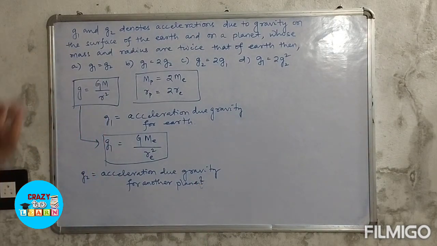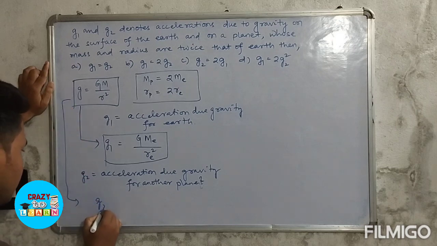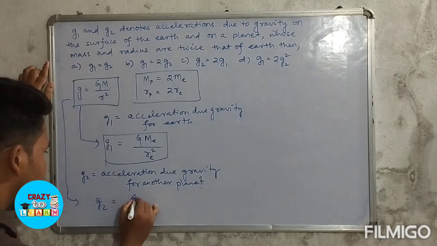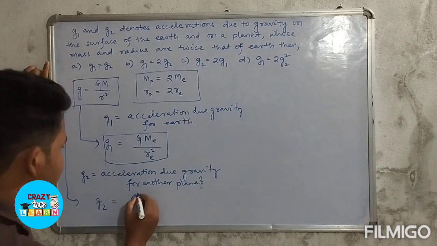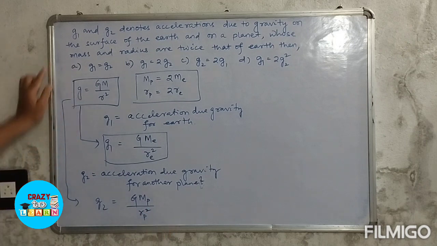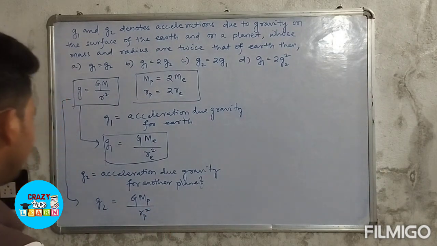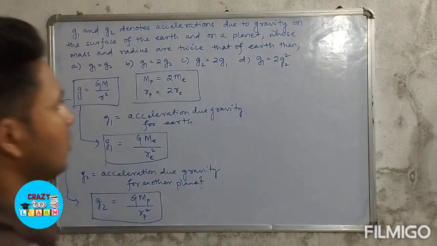So what will be g2 according to the same formula? g2 is equal to capital G, the universal gravitational constant. It is constant for all objects. Then the mass of the planet, Mp, divided by the radius of the planet, Rp, whole square. Clear? So you are getting this formula here. Okay, now come to here.